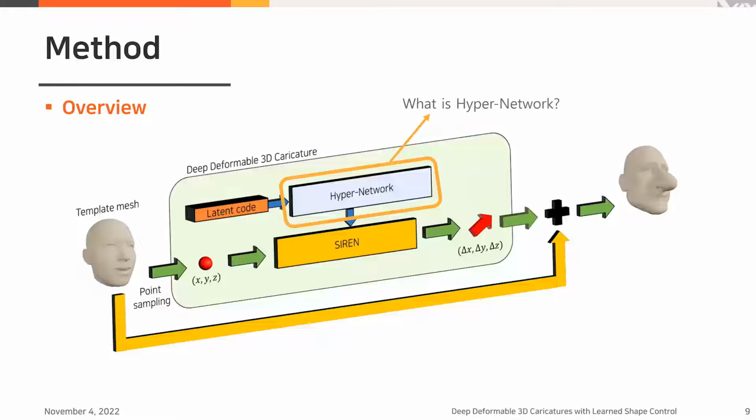The input of this network is the points sampled from this template mesh, which means the XYZ coordinates of the points.